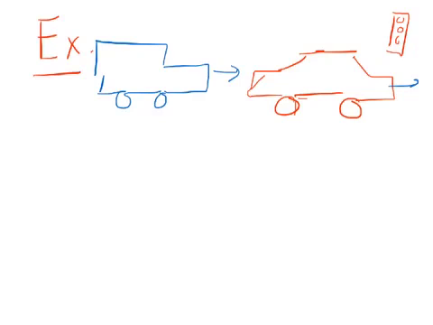So, we've got a car of, let's say, 1,850 kilograms. The other car is 975 kilograms, the truck or station wagon, whatever it may be.